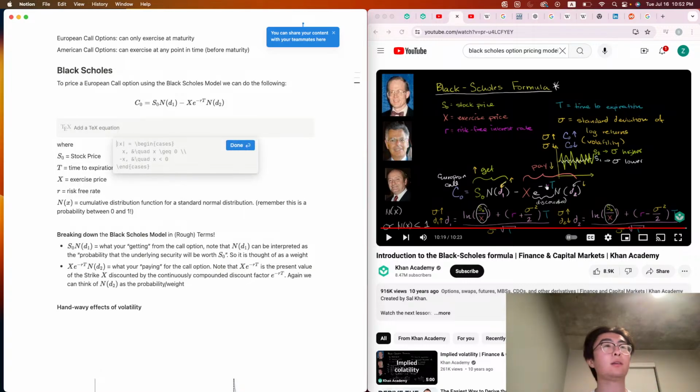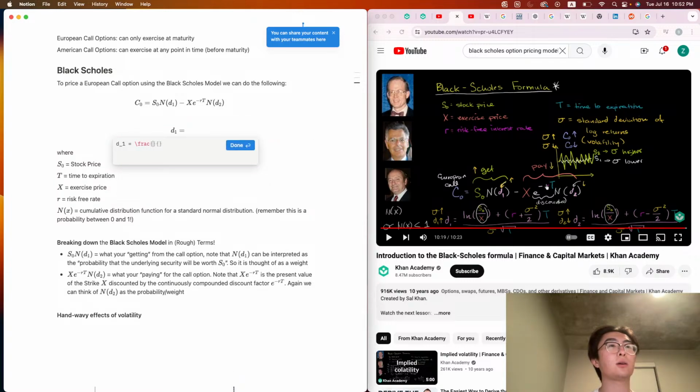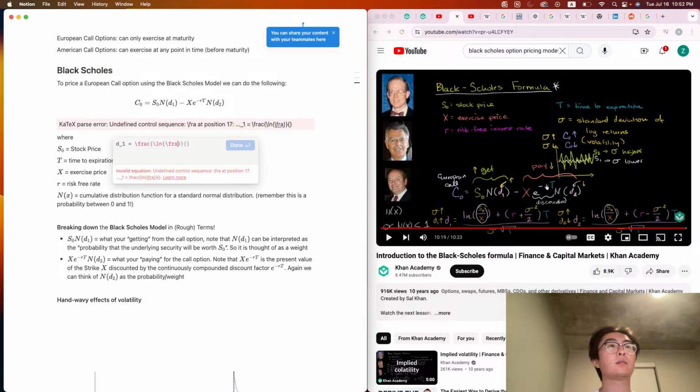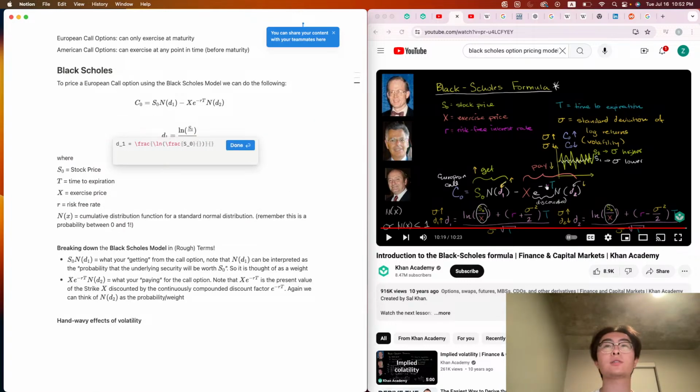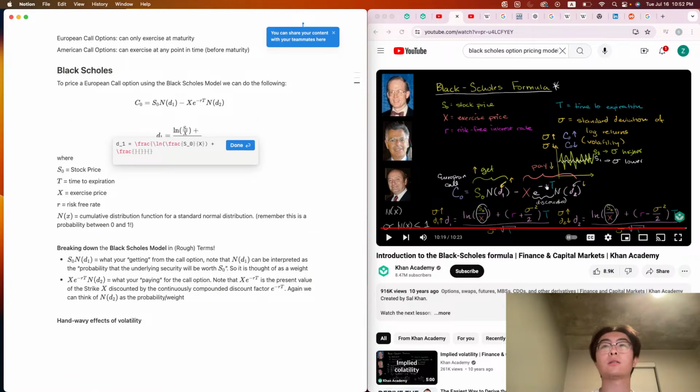So D1 is equal to, alright, so we have ln of the stock price and our exercise price, and then we also add sigma squared, divide that by 2.